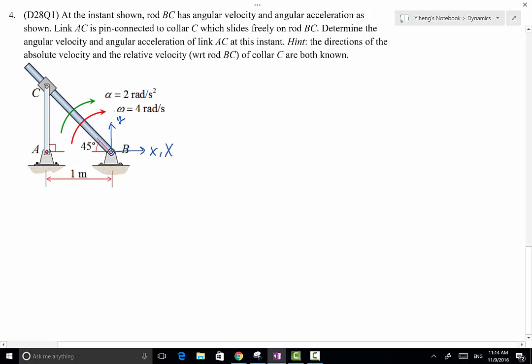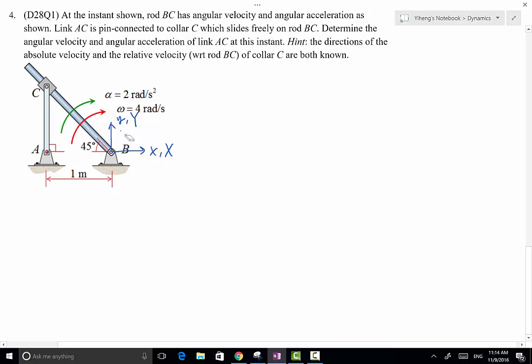Also, currently it's coincident with the fixed coordinate system, capital X and capital Y. The difference is that the capital X and capital Y coordinate system does not rotate, but the small case x and y coordinate system rotates with this rod.